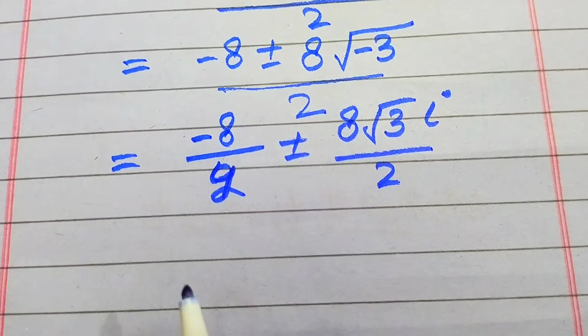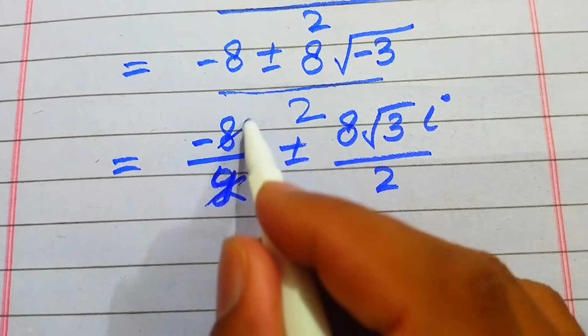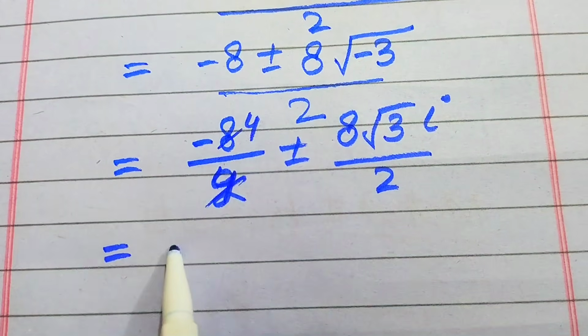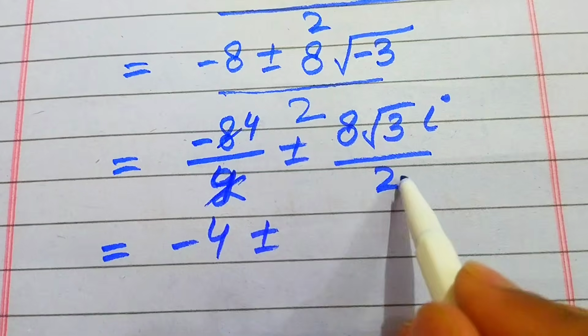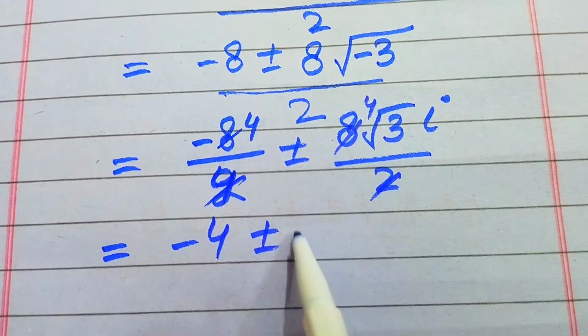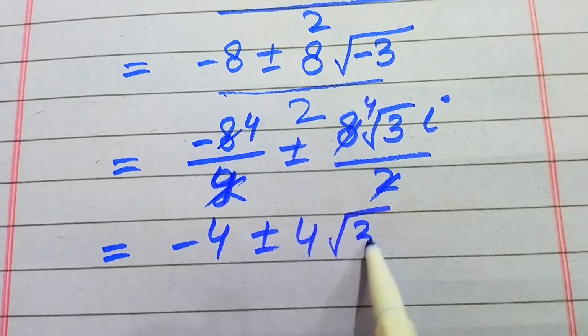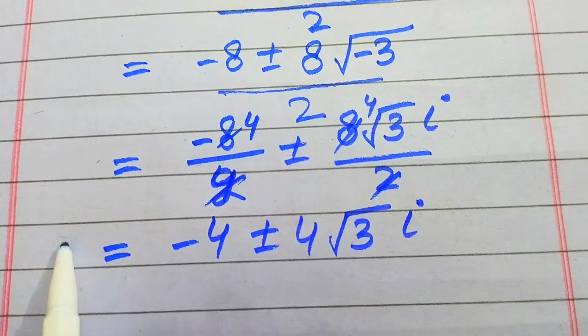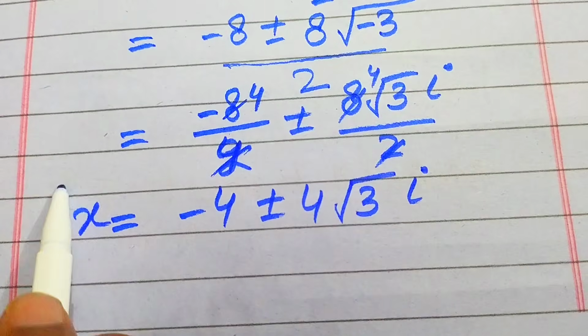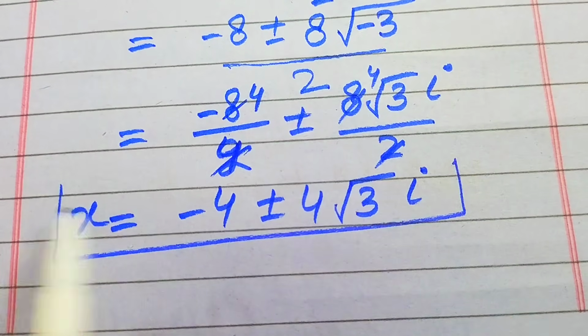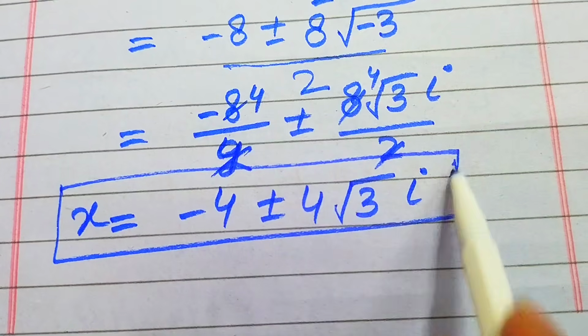In the next step, 8 divided by 2 becomes 4, and we get minus 4 plus minus 4 times square root of 3 iota. So these are the other two complex roots of the given equation.